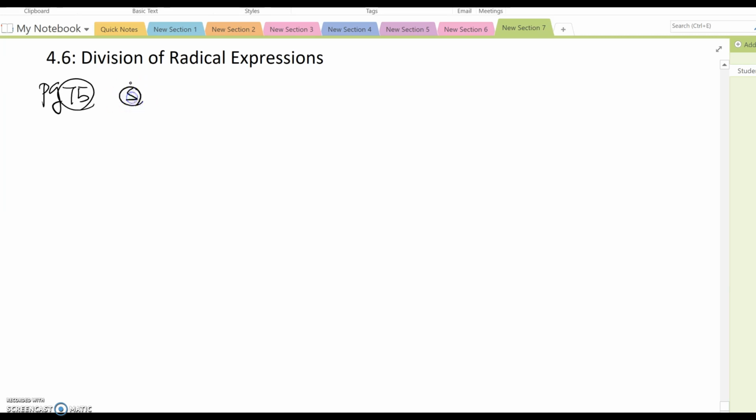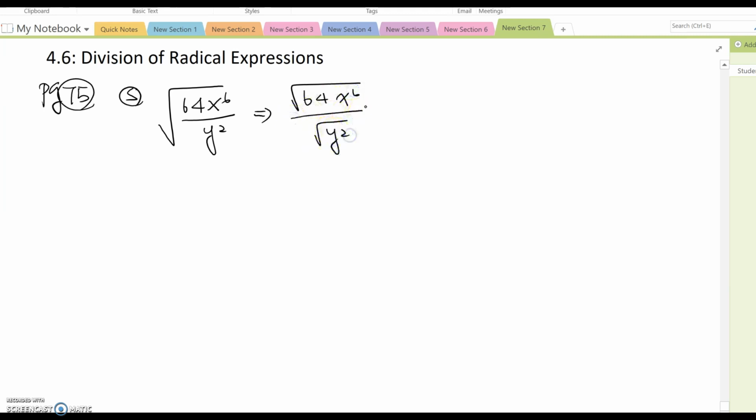Letter S first, it shows the square root of 64x^6 over y squared. So this time you can rewrite it as square root of 64x^6 over square root of y squared.